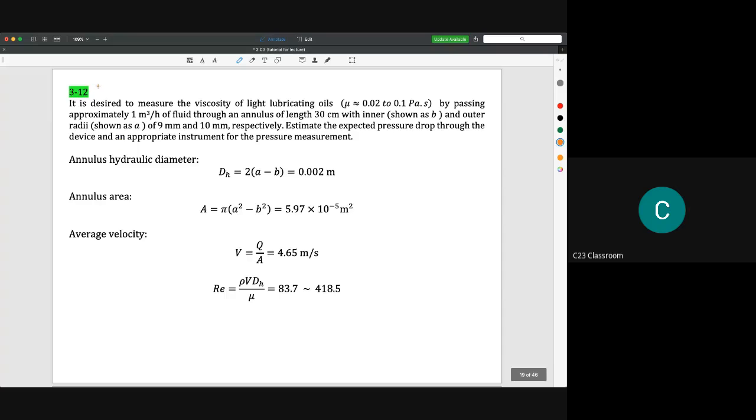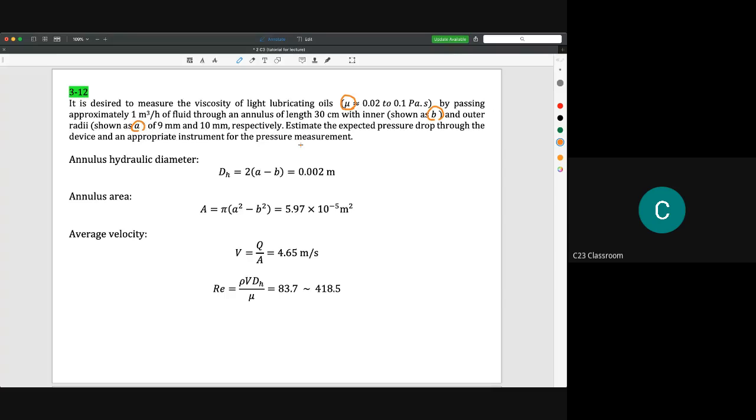So for question 3.12, it is desired to measure the viscosity of light lubricating oil, where mu is between 0.02 to 0.1 Pascal second, by passing approximately 1 meter cube per hour of fluid through an annulus of length 30 centimeter, with inner radius shown as B and the outer radius shown as A of 9 millimeters and 10 millimeters respectively. Estimate the expected pressure drop through the device and an appropriate instrument for the pressure measurement.